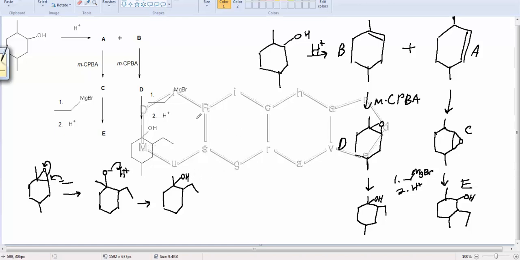The other one, I can attack either from this one or from this one. It's going to give me the same product since it's symmetric. And there's a negative charge there.